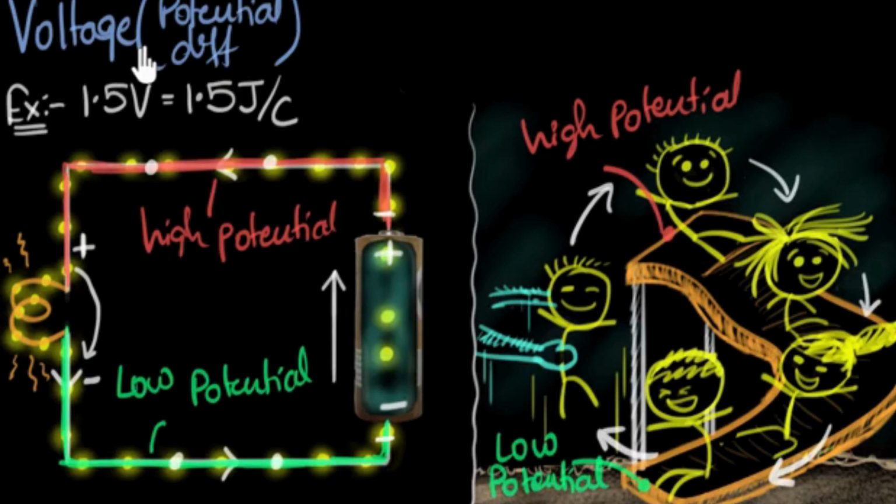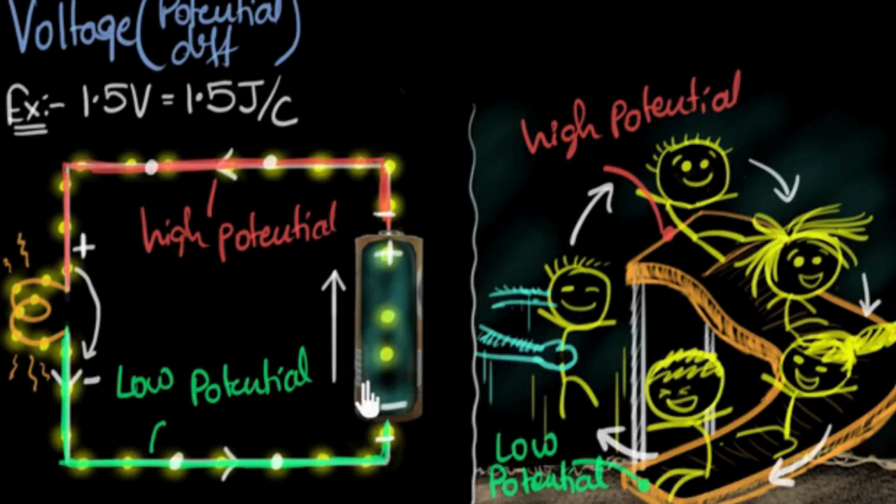It's pretty much the same thing. So let's just look at what that is. You see over here, when the battery is transferring the charges from low potential to high potential, we saw it's the battery who's transferring energy into the charges, just like how this guy transfers energy into the kid. In physics, whenever you transfer energy, we say you are doing work. That's it.